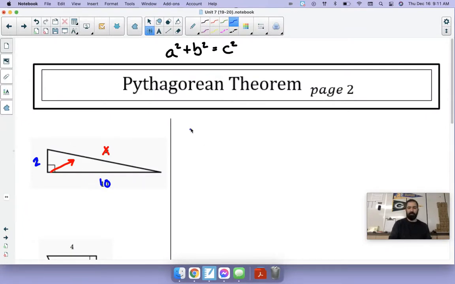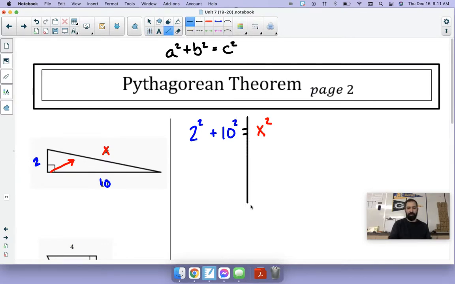Let's start with leg 1, 2 squared, plus leg 2, 10 squared. We know that equals our c squared, which is x squared.